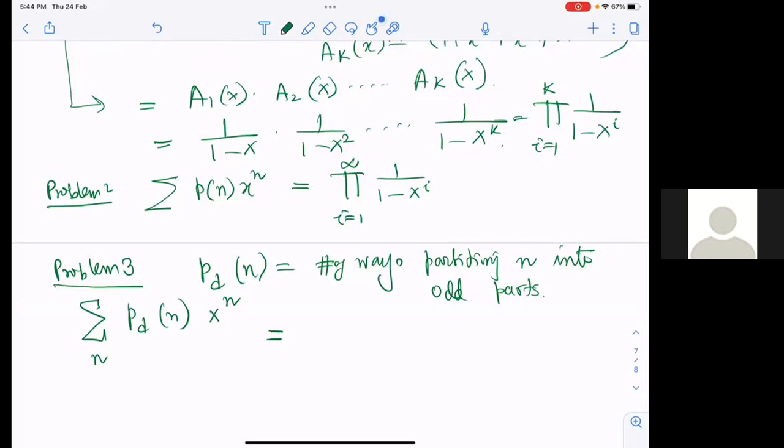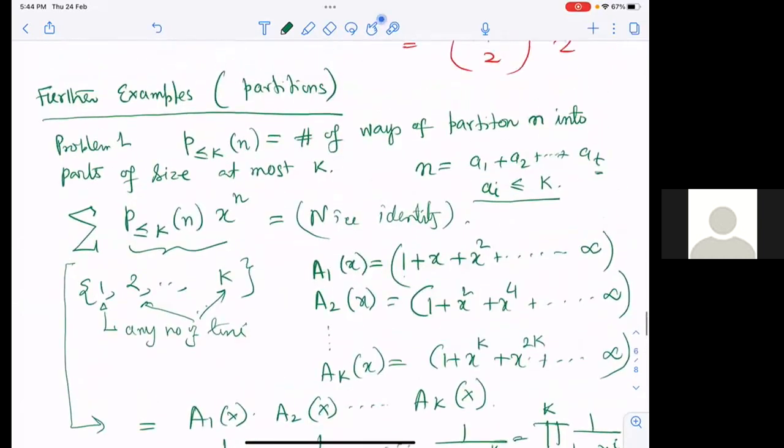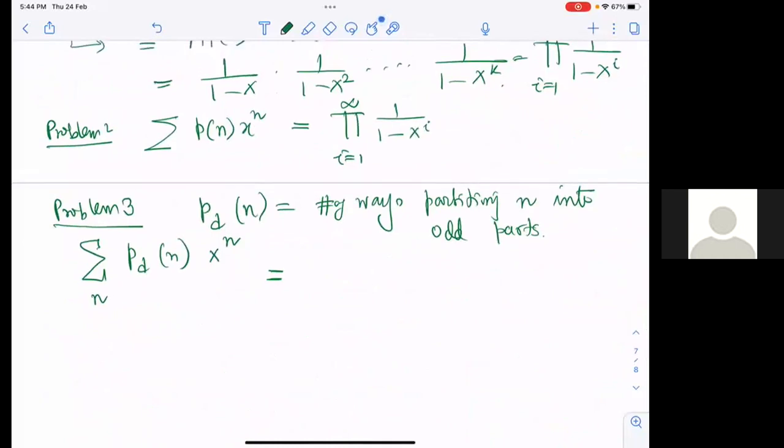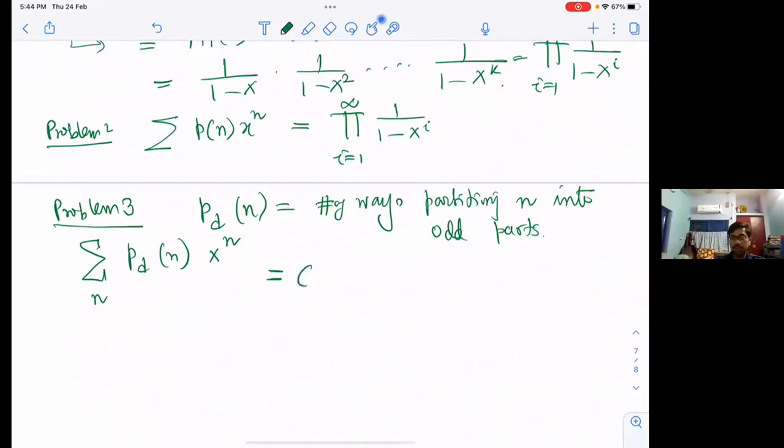It's very simple, right? In the first problem, you are allowed to use everything: 1 any number of times, 2 any number of times, k any number of times, and so on. Here you are supposed to use 1 any number of times, 3 any number of times, 5 any number of times. So what should be your generating function? 1 plus x cubed plus x power 5 plus x power 7.